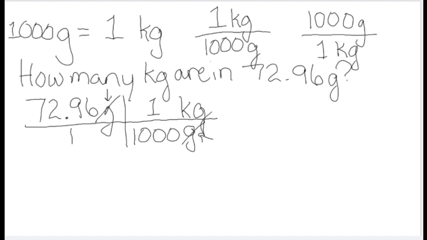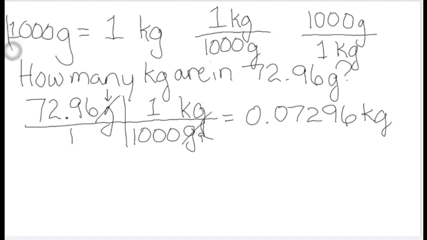And your calculator is going to give you, fortunately, with these kinds of problems, because the conversion factors are so simple, they're not going to mess with you too much when it comes to significant figures. So the answer is going to be 0.07296 kilograms. You have to make sure that your given and your answer have the same number of significant figures.